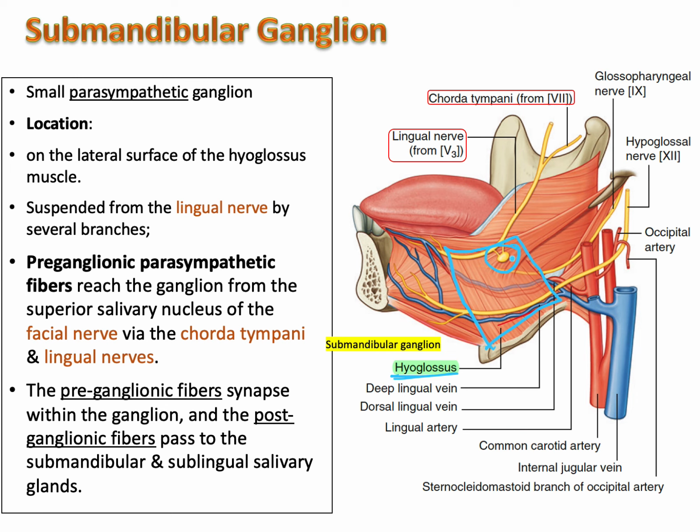As I mentioned in the previous slide, this ganglion receives fibers from the chorda tympani that joins the lingual nerve until it reaches the submandibular ganglion, and it gives postsynaptic parasympathetic fibers to the submandibular and sublingual glands.